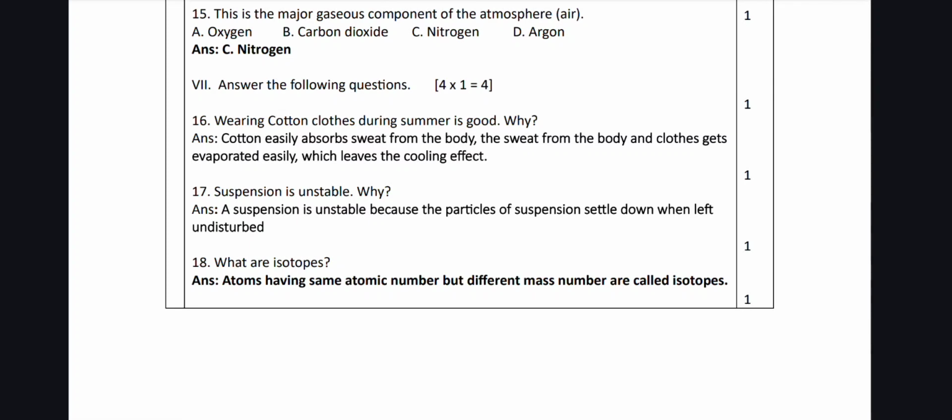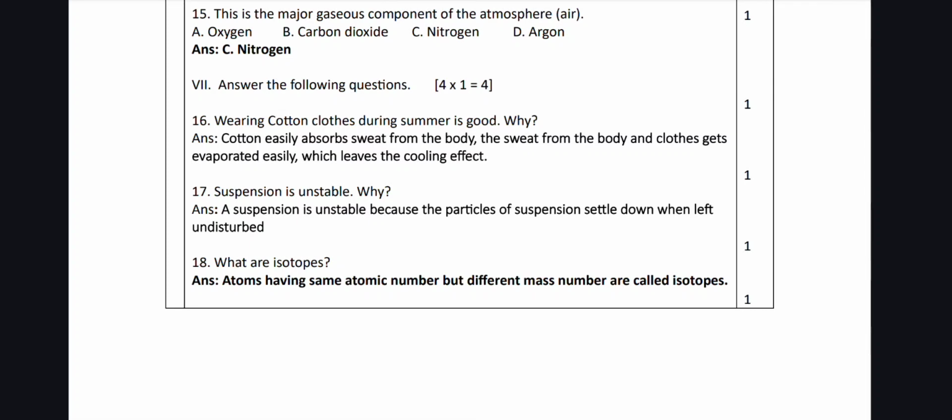See, suspension is unstable because the particles of suspension settle down when left undisturbed. When you disturb the suspension, the particles will start moving up and down. When it is left undisturbed, it will settle down. For example, if you take one glass of water with a little bit of mud and leave it aside completely, all the mud particles will settle down.